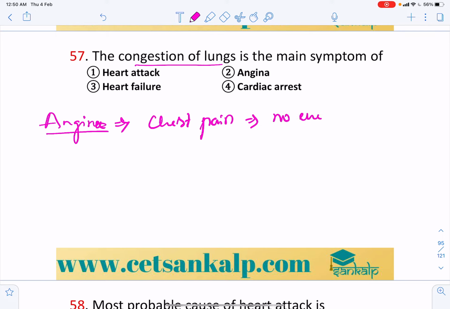Insufficient oxygen for the heart muscles, right? So when there is less, these heart muscles can't contract, and that leads to pain. So this is because of the affected blood flow.